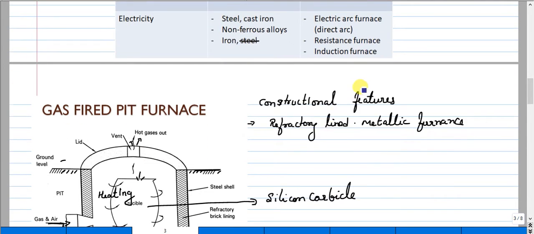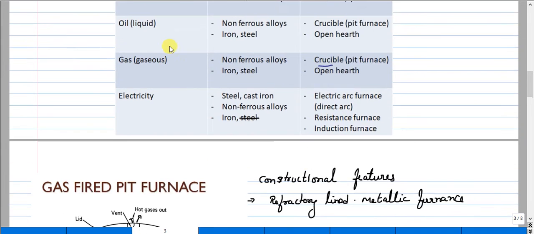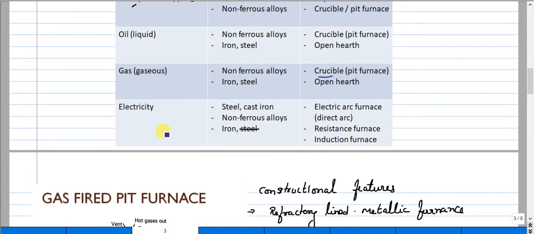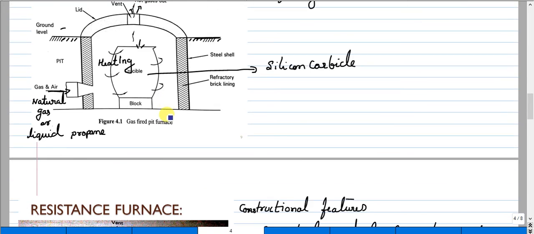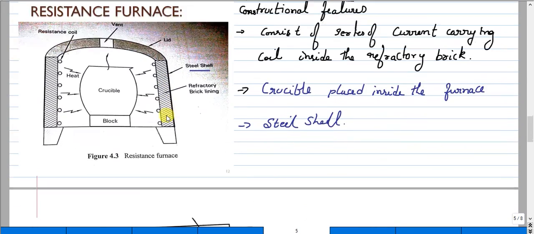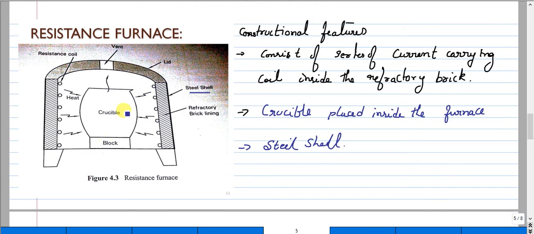And the second one that we are discussing is resistance furnace. The source of fuel will be the current. What can be melted? Steel, cast iron, non-ferrous alloy as well as iron. Here, as I mentioned, the crucible will be made up of silicon carbide. The construction is the same, but the source of heat is different.